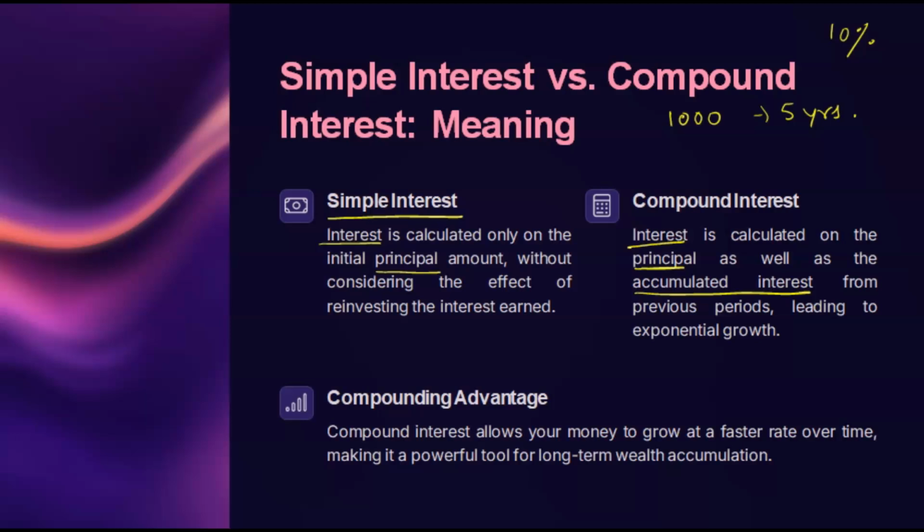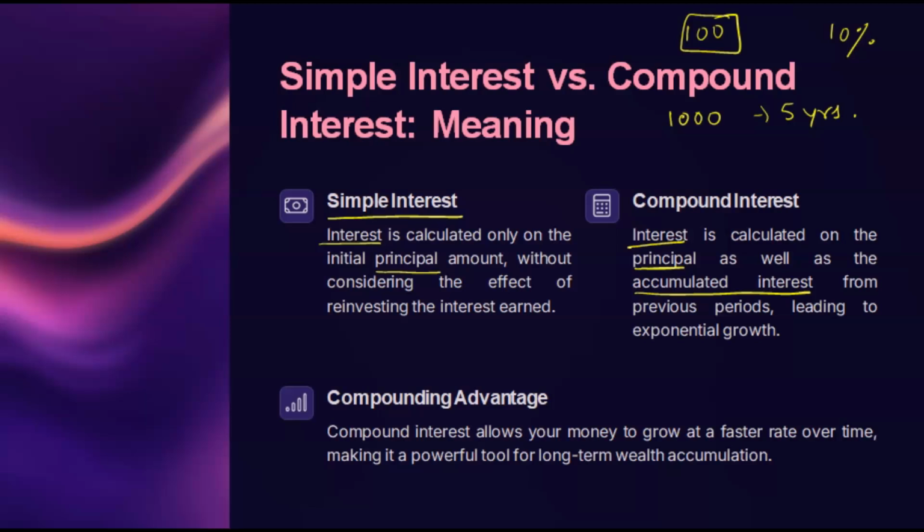For simple interest, every year we can easily find out on 1000 only, 10% for 5 years. 10% of 1000 is 100 rupees. So 100 rupees will be same interest for 5 years.